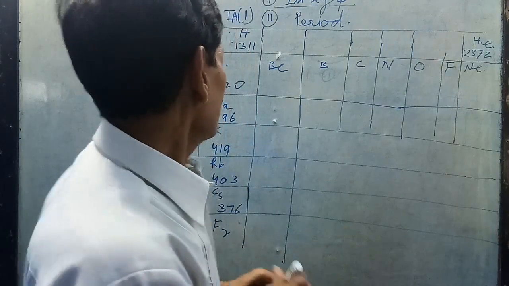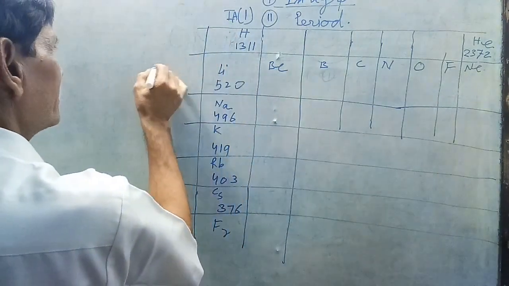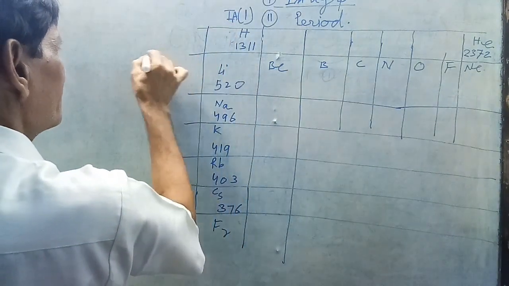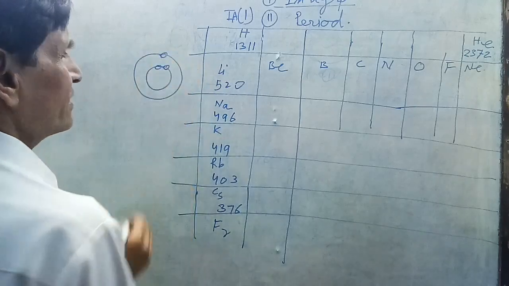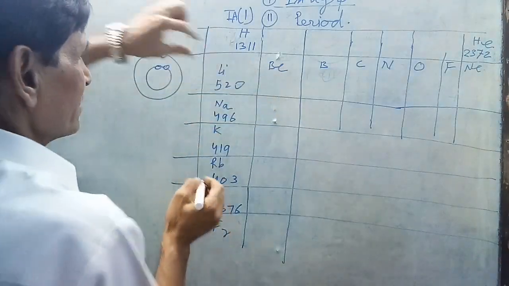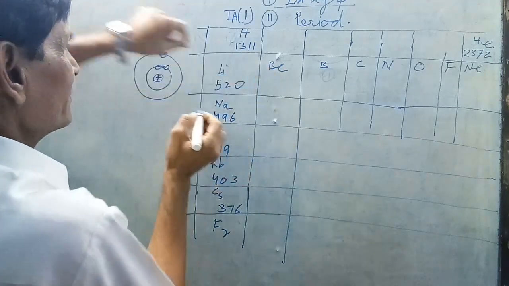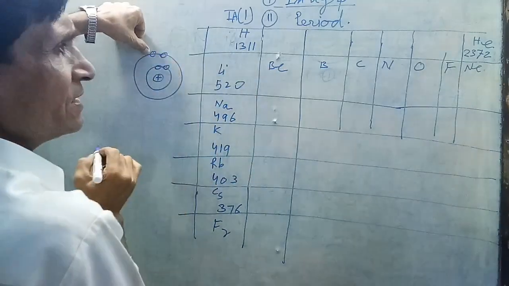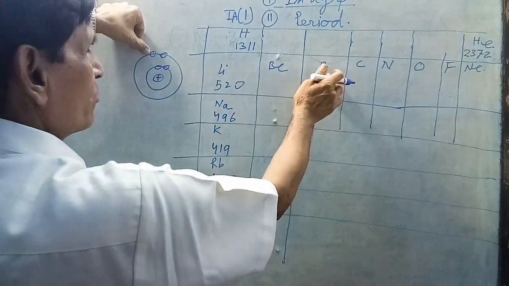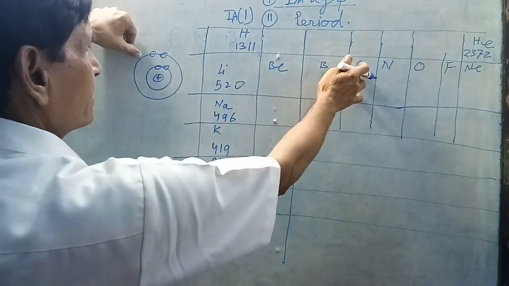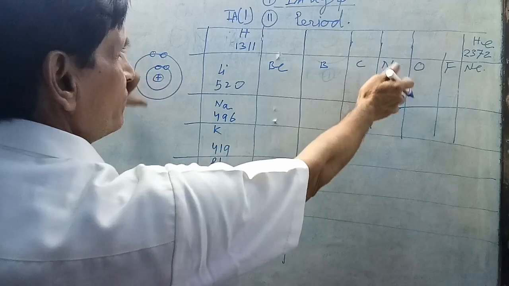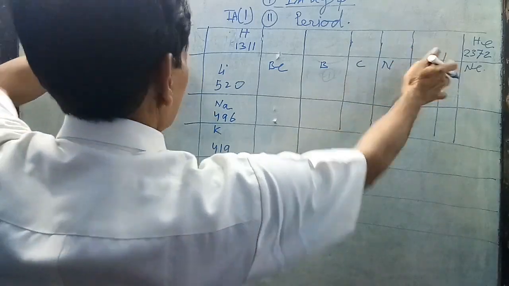Like lithium, I have told you how many shells are there: 2 electrons in the first shell, 1 electron in the second shell. Beryllium, shell number will remain the same. This is the nucleus. In beryllium, there are 2 electrons, 1 more will be here. Like that, in boron, there will be 3 electrons. In carbon, 4 electrons. Nitrogen 5, oxygen 6, fluorine 7.